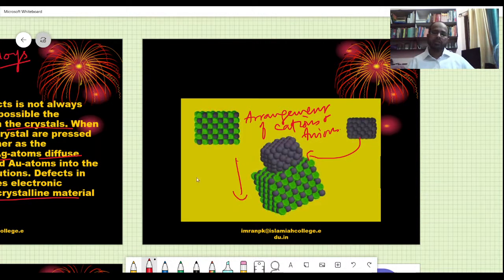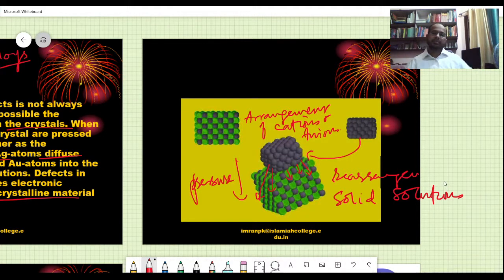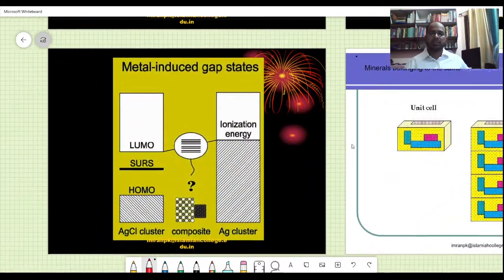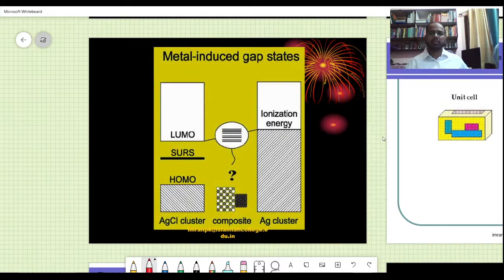When you put some pressure to this, some of these ions diffuse into the vacant positions there. And they can rearrange themselves within the space, and this space we will call the solid solution. That is the graphical representation for a particular crystal.